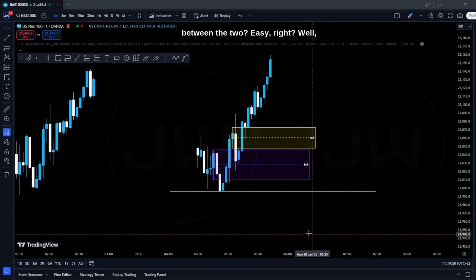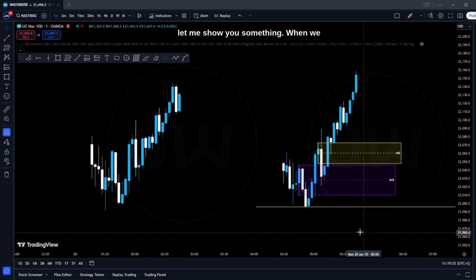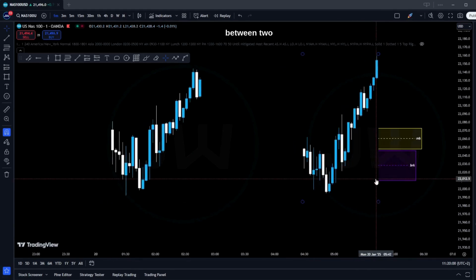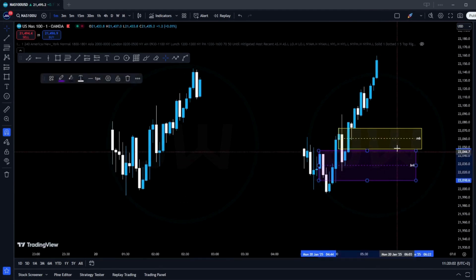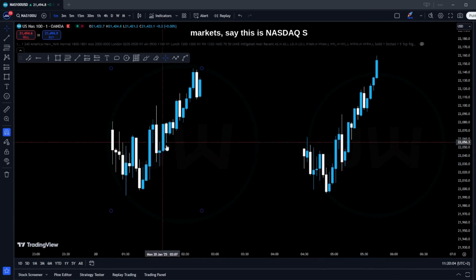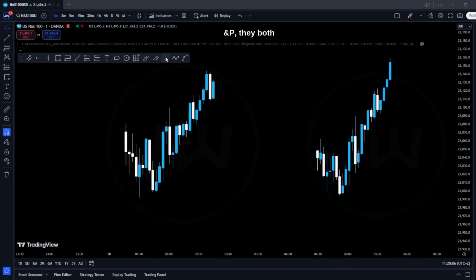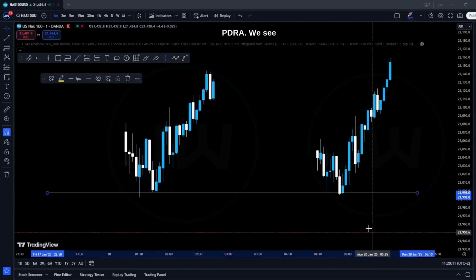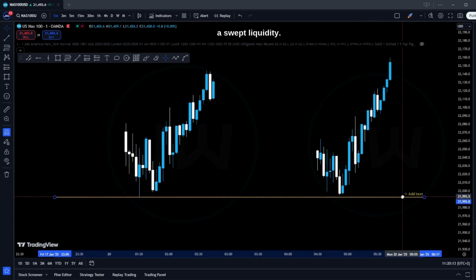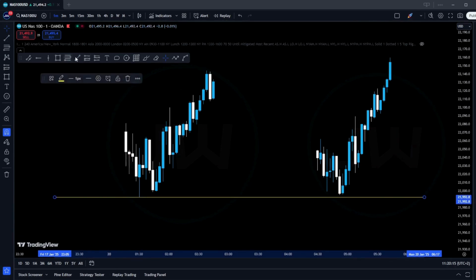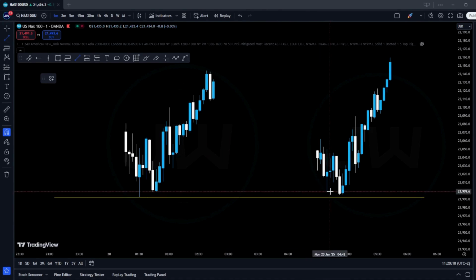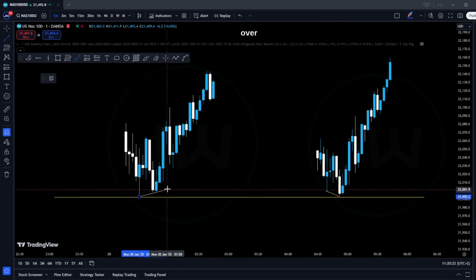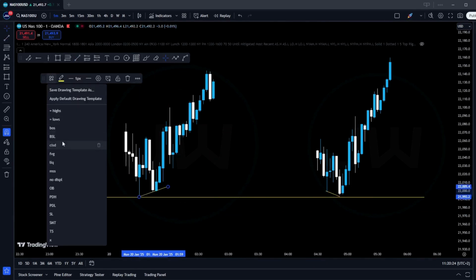Easy, right? Well, let me show you something. When we have a reversal between two markets, say this is Nasdaq and S&P, and they both take out a high time frame PD array, and we see a swept liquidity, and we make a little SMT divergence over here.